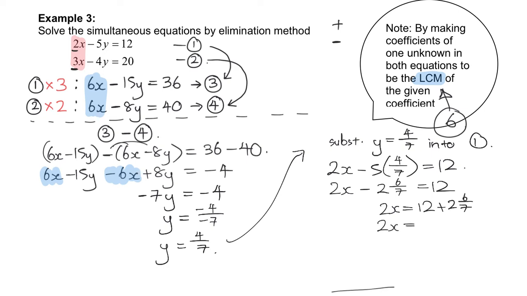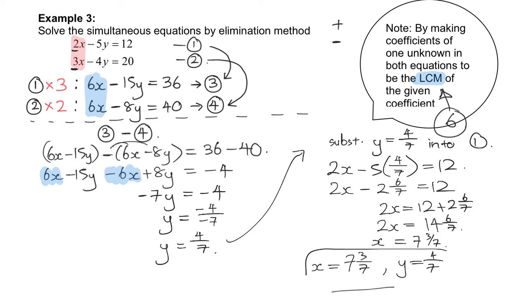Okay, not a very nice answer. To get 14 and 6 over 7. Finally, x is that fraction divided by 2, to finally get the answer of x is 7 and 3 over 7. And conclude, x is 7 and 3 over 7 with y as 4 over 7. Not the nicest values to get, but still possible.